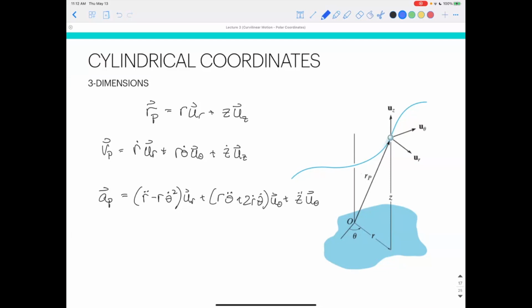If we just look at the beginning terms over here, this side is the same as 2D. When we're adding the 3D term, we're just adding those z components. So if we have information about the z position, z velocity, or z acceleration, it just adds to the previous equations just like this.